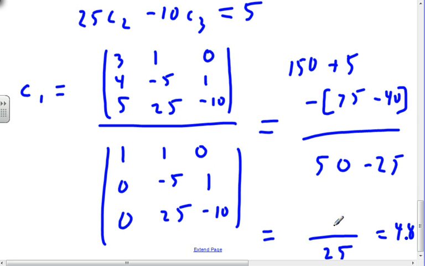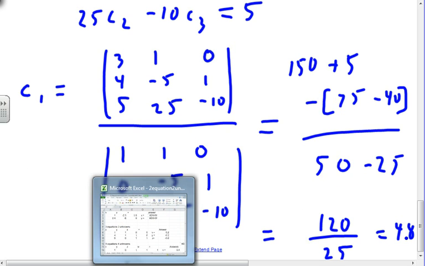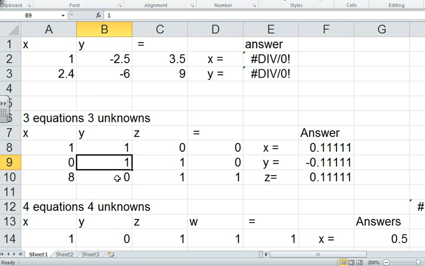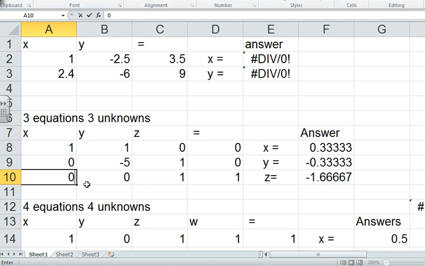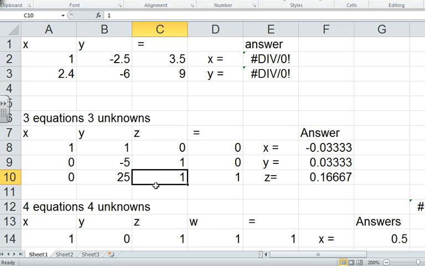Do we believe that? C1's 4.8. Okay, so I got 1, 1, 0; 0, minus 5, 1; 0, 25, minus 10. And that doesn't look like what I said it was.